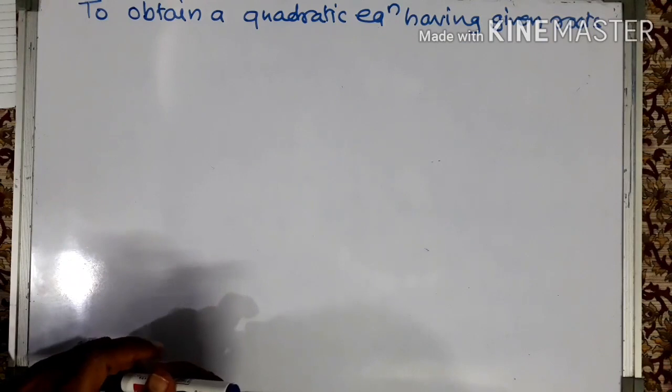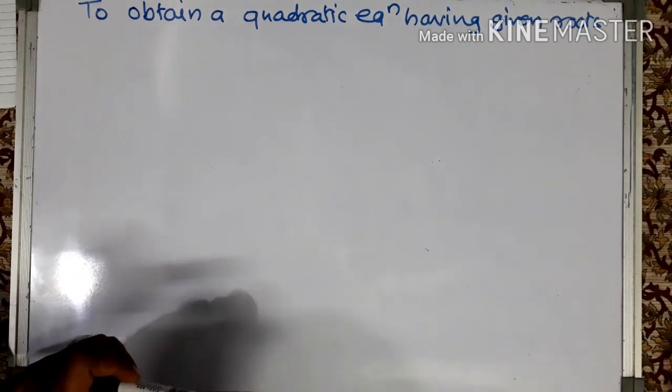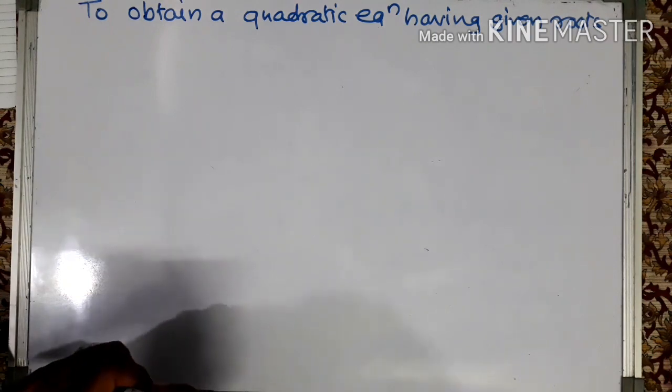To obtain a quadratic equation having given roots, these relations can also be used to form a quadratic equation if roots are known to us.